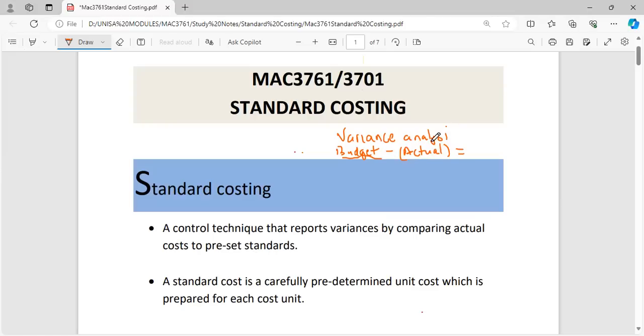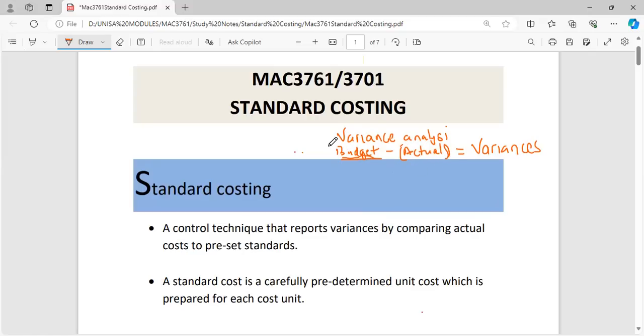After the budget, when we have the actual, then we always have a variance. So that's all about standard costing. Which means in standard costing, we are basically looking at the budgeted figures for the organization and the actual figures. Then we see if there is a variance.